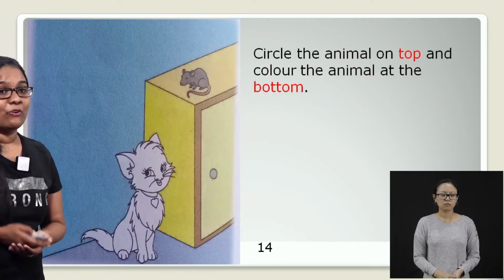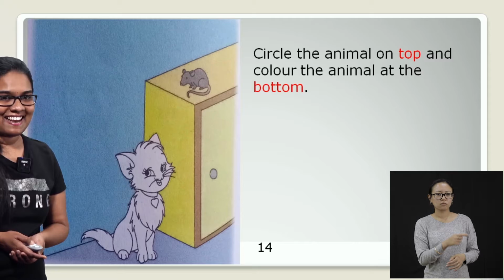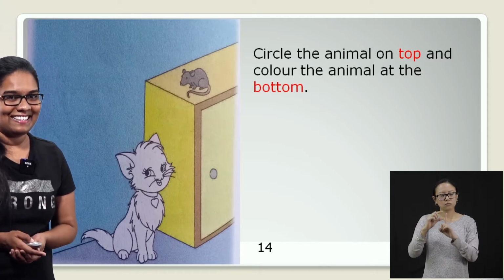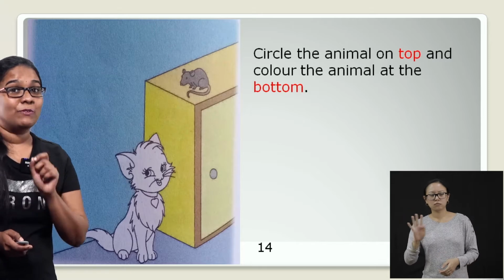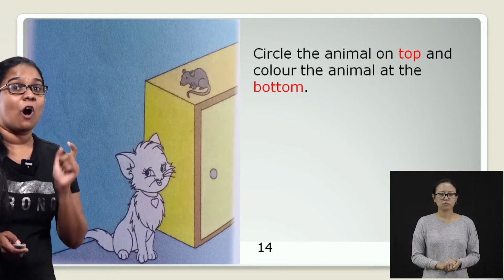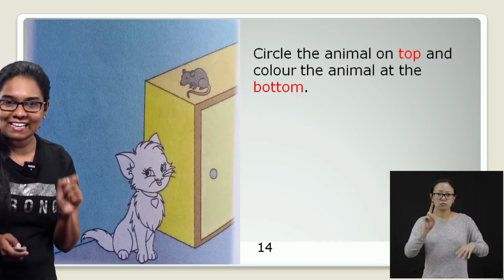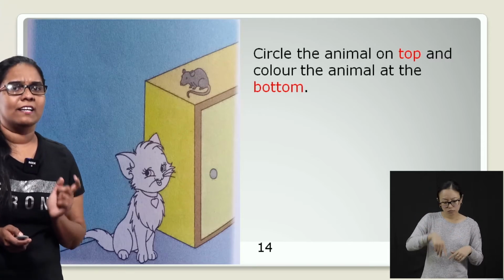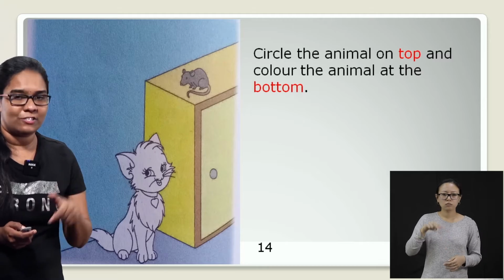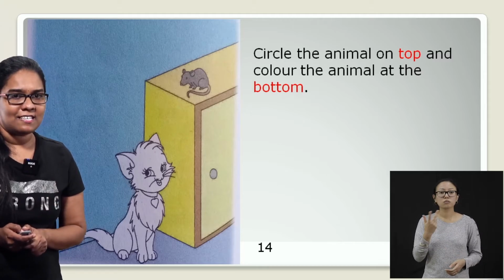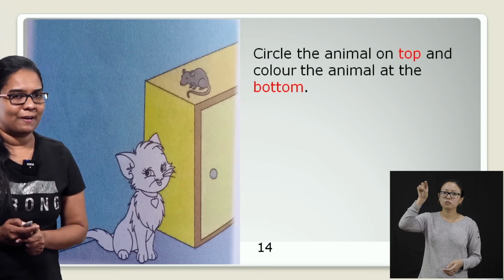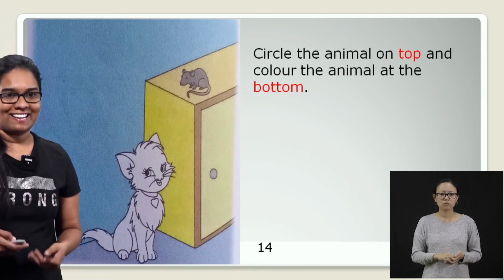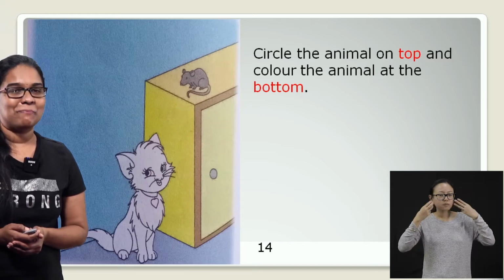Look, page number 14. This rat and cat is in your textbook, right? You have to circle the animal on top and color the animal at the bottom. Who is here on the top? Yes, that rat is on top. Then who is at the bottom? Yes, that cat is sitting at the bottom.